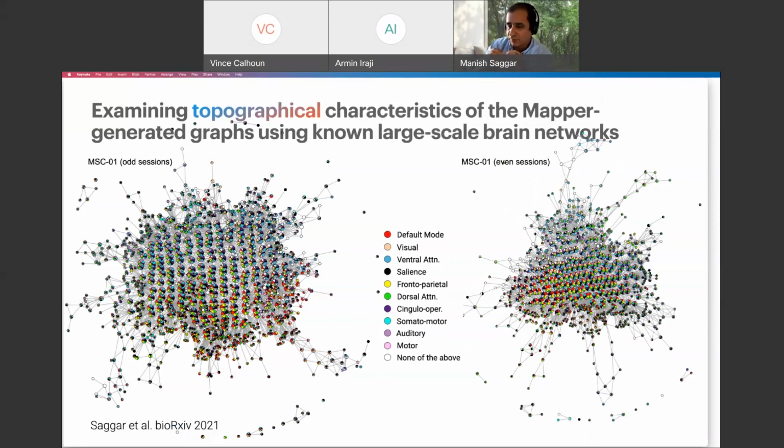If you z-score that average network activation, can we see which TRs have above 0.5 standard deviation or 1 standard deviation above mean activity? So if you take one node and it has a bunch of TRs in it, let's say 100 TRs, how many of these TRs have above 0.5 or 1 standard deviation above activation in the default mode or some other network? And that's how we colored this network.